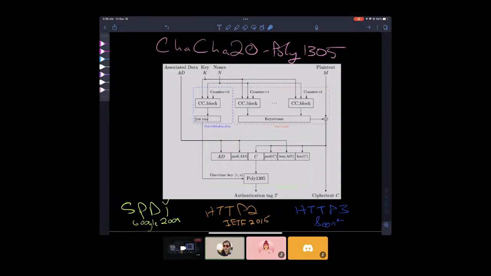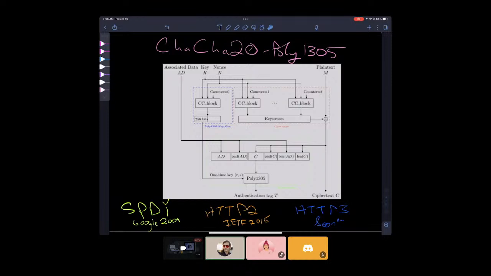And that, along with HTTP 2, which deprecated Speedy, is basically an acceptance that Cha-Cha 20 is a good authenticated encryption algorithm. And as I mentioned before, there was emphasis that there needed to be at least one other standard authenticated encryption algorithm. So Cha-Cha 20 came along.